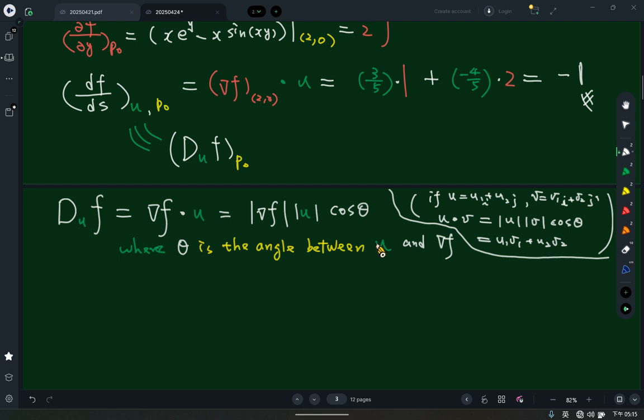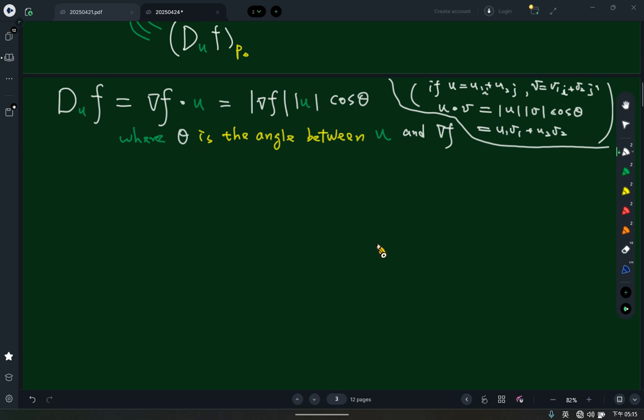Okay, so there are three conditions. We can conclude that here we have the gradient vector f length and u's length. Can you tell me what is the length of u? It is 1, right?